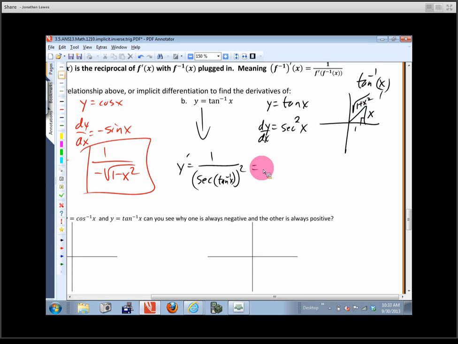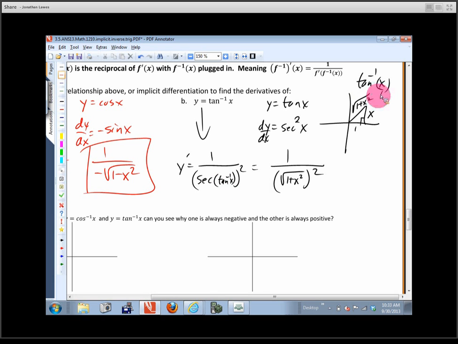Okay. So this is going to be a 1 on the top. Secant, let's see, it's 1 over cosine. Cosine was adjacent over hypotenuse, so this is going to be hypotenuse over adjacent, is that right? Okay. So that's going to be hypotenuse over adjacent. Just doing it a piece at a time.